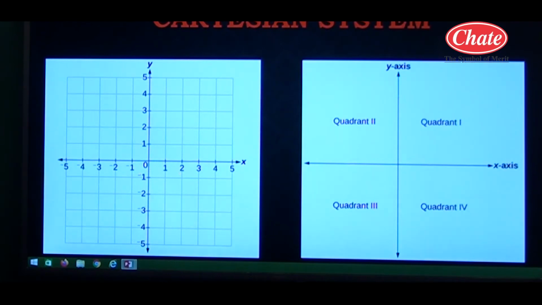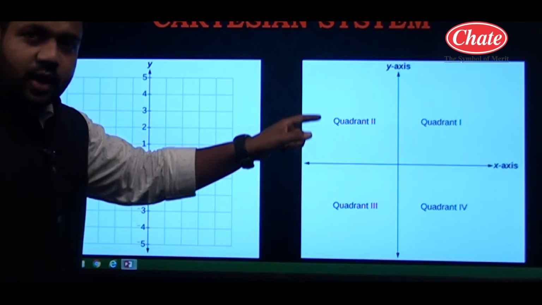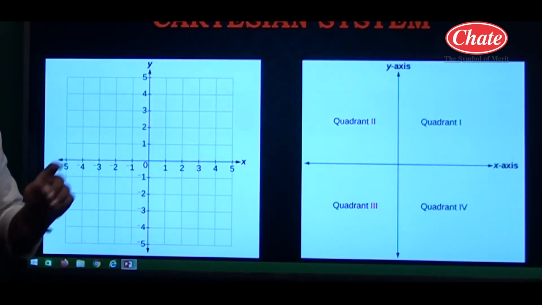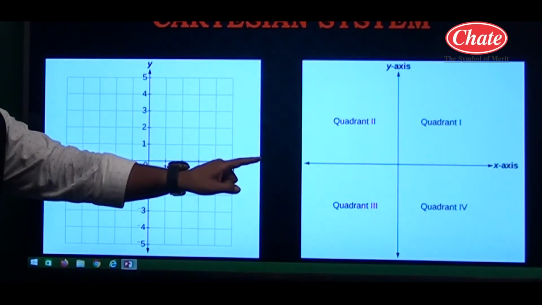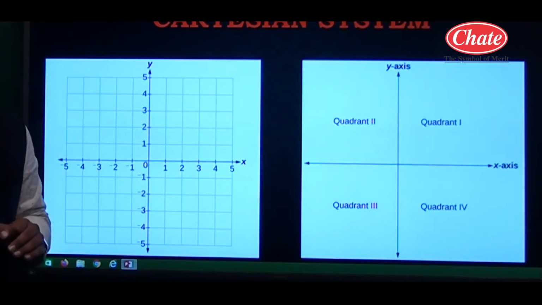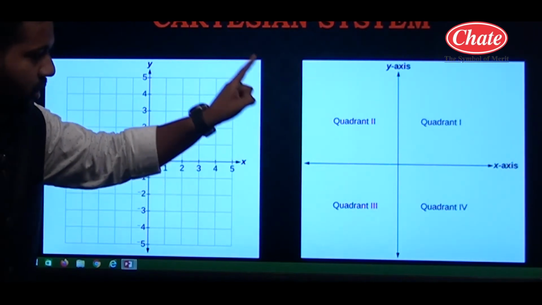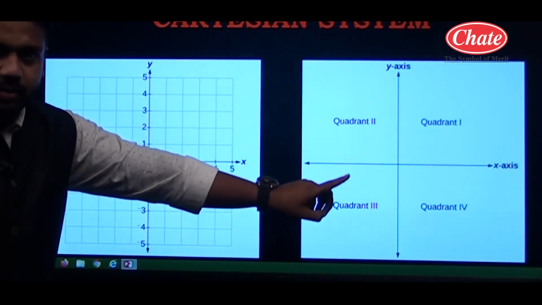Because of these two lines, the whole plane is divided into four equal parts, and these four equal parts are called the quadrants: quadrant number 1, quadrant number 2, quadrant number 3 and quadrant number 4.